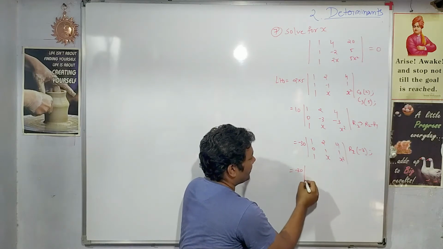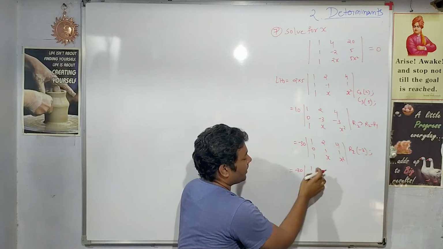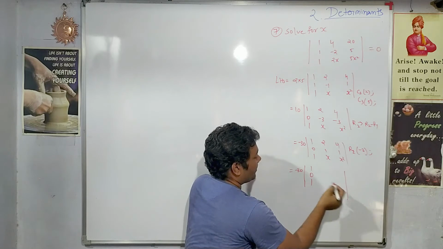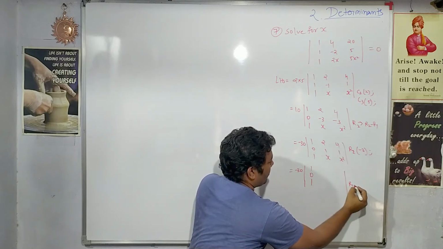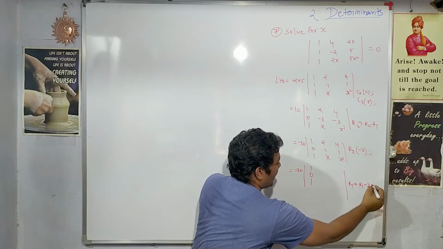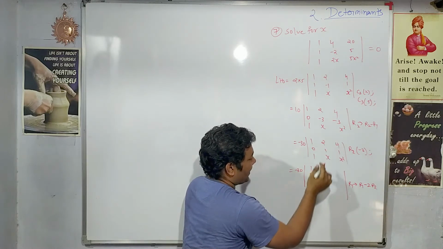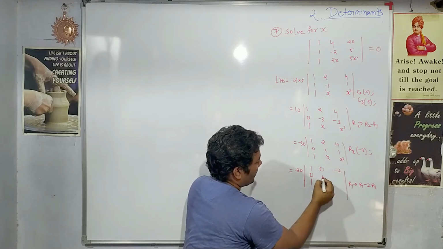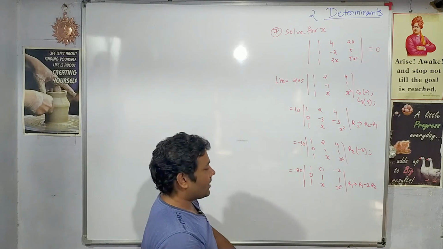So I have carried out the operation on the first row: R1 minus 2 times R2. R2 is multiplied with 2 and subtracted from the first row, giving minus 2, 1, 1, x square. Since two zeros are there, I am happy.